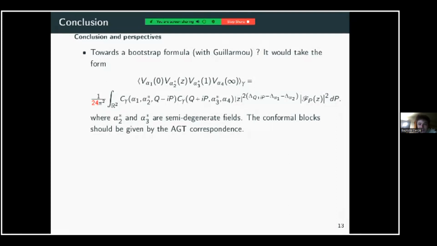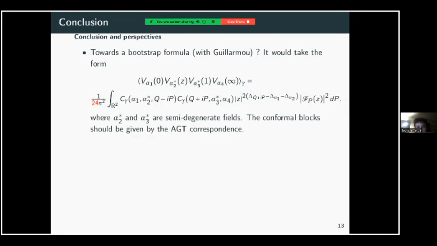But this alpha 2 star and alpha 3 star, they need to be these semi-degenerate fields. They need to be collinear to this omega 1 or omega 2. But nonetheless, if you want to compute such 4-point correlation functions with 2 semi-degenerate fields, then my conjecture is that you can write a bootstrap formula which closely resembles that of Liouville.